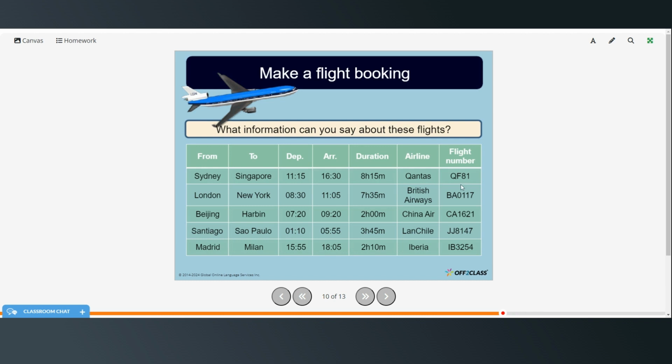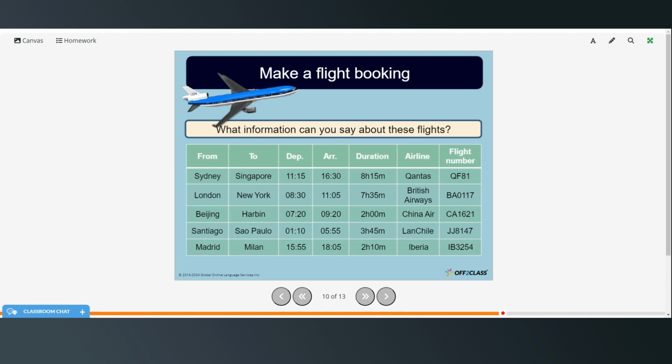Next, we have a flight from London to New York, departs London at 8:30, arrives in New York at 11:05. The duration is 7 hours and 35 minutes. It's on British Airways, and the flight number is BA0117.